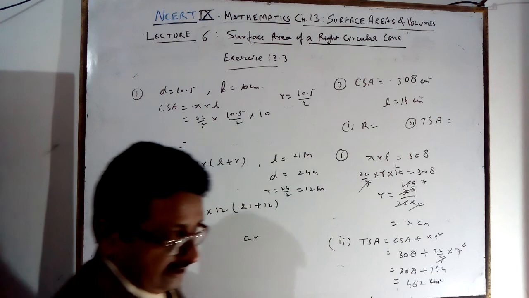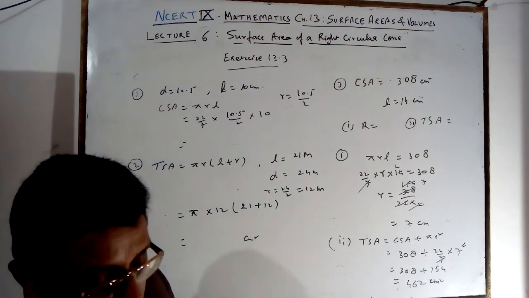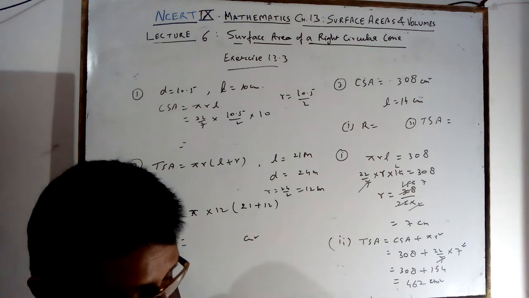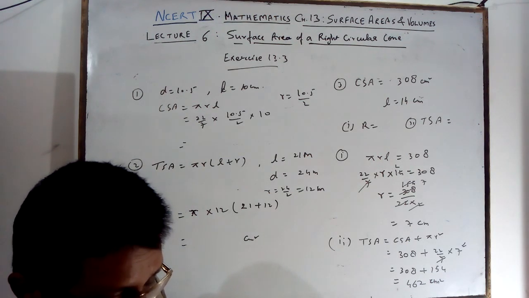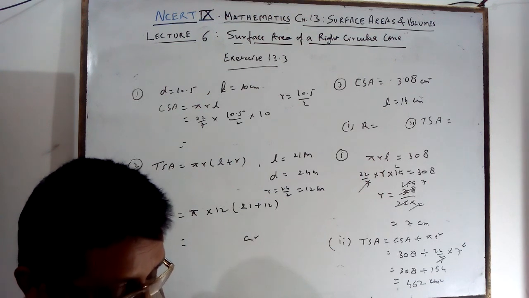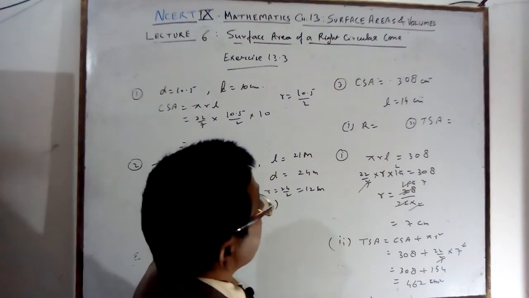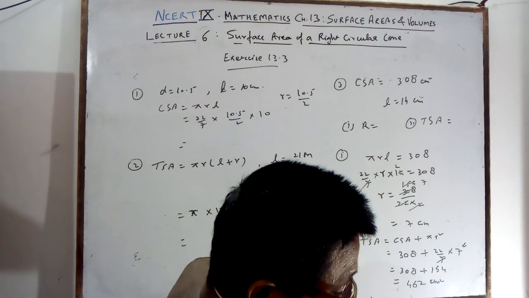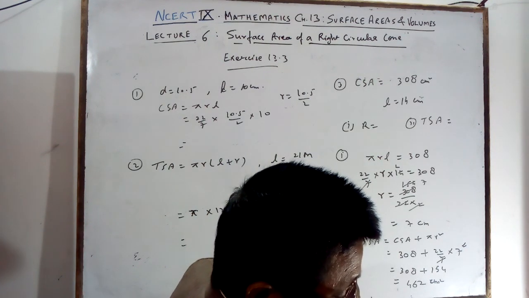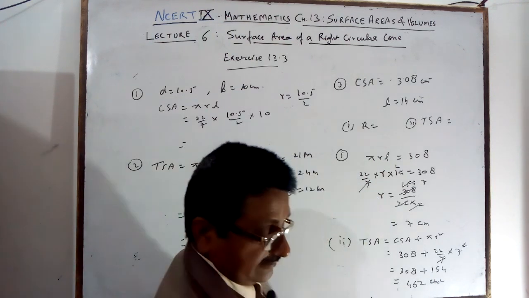For question number 3 you are getting 462 centimeter square as the total surface area of the cone. A very simple and easy question.